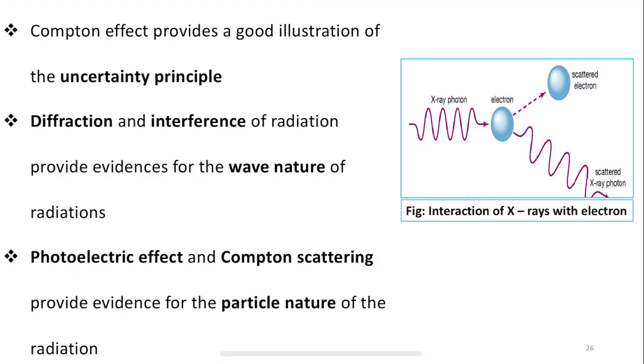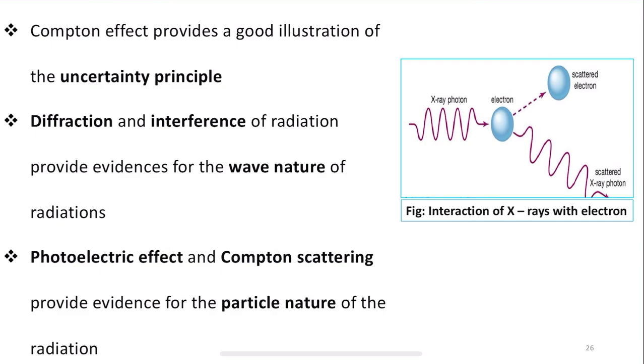Diffraction and interference of radiation provide evidence for the wave nature of radiations, while the photoelectric effect and Compton scattering provide evidence for the particle nature of the radiation. This is another important observation made by studying the Compton effect.